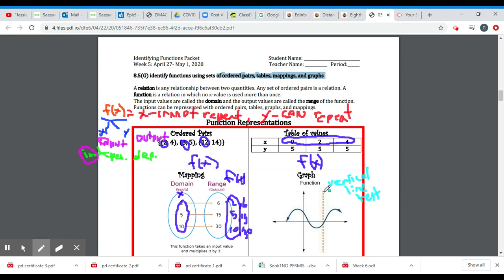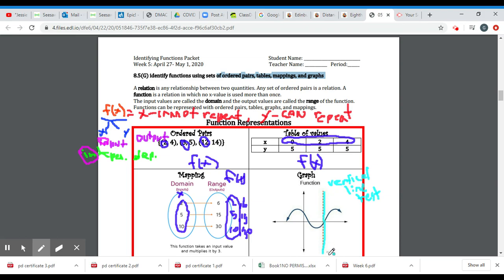It's a vertical line up and down, and it's a test because if I draw a vertical line at any point on this graph, it should not cross any point more than one time. So in this example right here, I have this squiggly line.